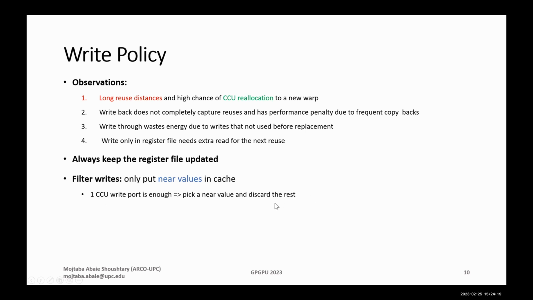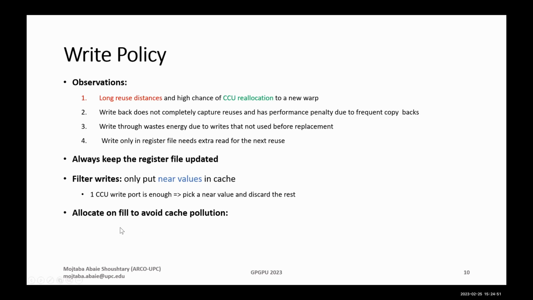And for the warps that are all aiming at one collector unit, we only pick one and discard the rest. Our analysis shows that this policy has minor effect compared to the cases when we assume infinite bandwidth, infinite write ports for the collector unit.